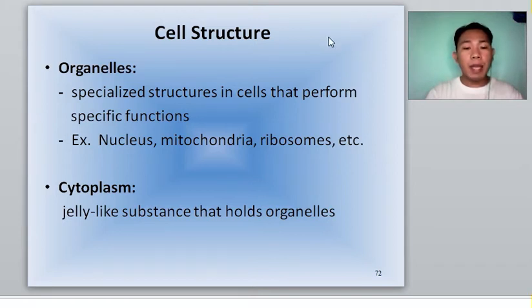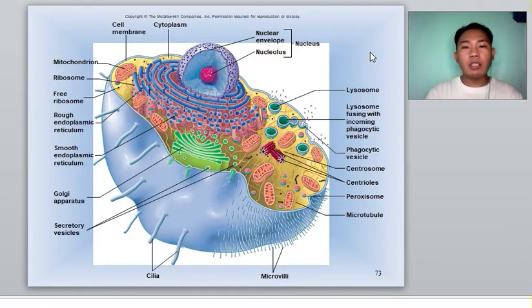Organelles are suspended in the cytoplasm, which is a jelly-like substance that holds them. This illustration depicts the different structures of the cell. These organelles inside the cell are capable of different functions that are vital for the cell function.